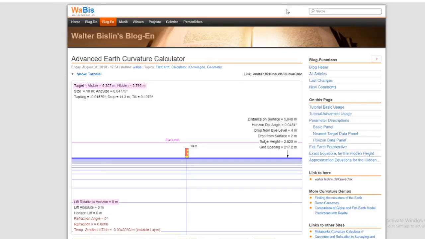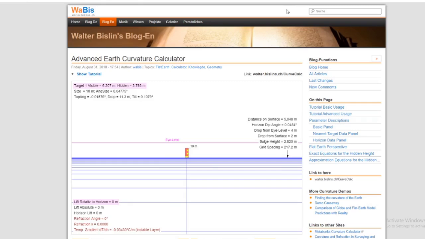And this is why anyone with a grasp on reality and the ability to use discernment, without the attachment to a globe Earth model to define our reality, can see that an Earth curvature calculator, such as this one, Walter Bislin's Earth curvature calculator, frequently used by globe Earth proponents, has no basis in reality.